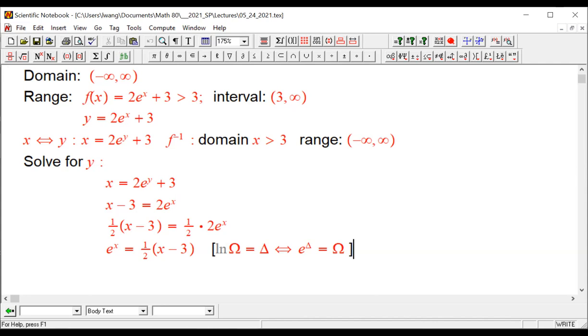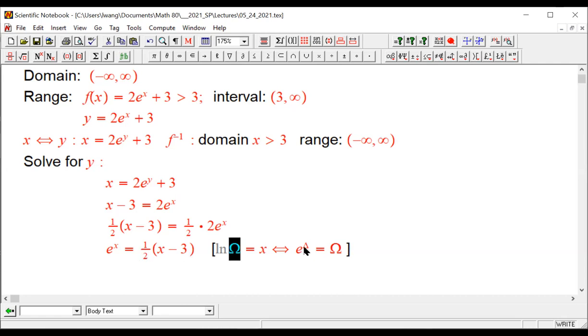Let's see, we have e to the power x, e to the power triangle. But what is x? So e to the power of x, e to the power triangle, so the triangle is x. This is omega.